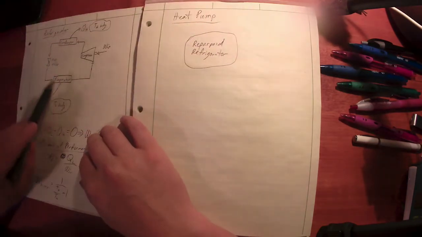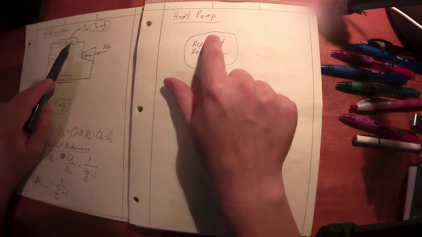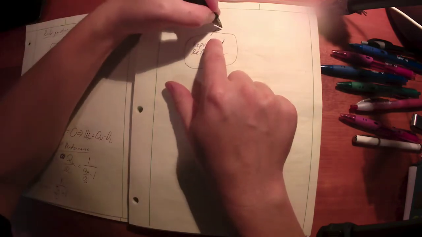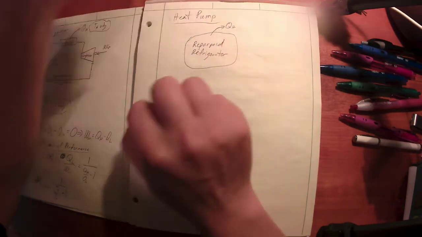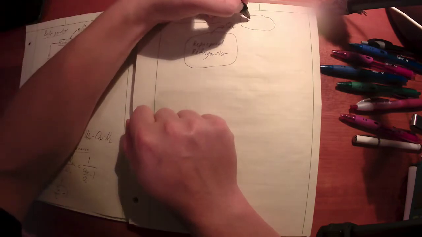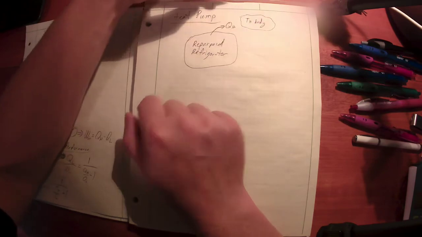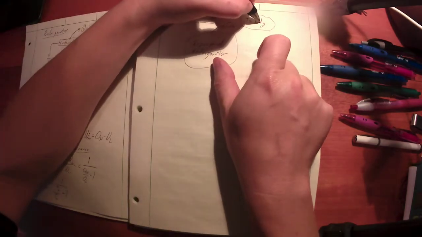The same exact device is going to have a compressor that pushes high pressure, high temperature fluid into a condenser, and that's where you're going to lose heat to the high temperature body. And the purpose of the heat pump is this is what you want to do, you actually want to add heat to the high temperature body.